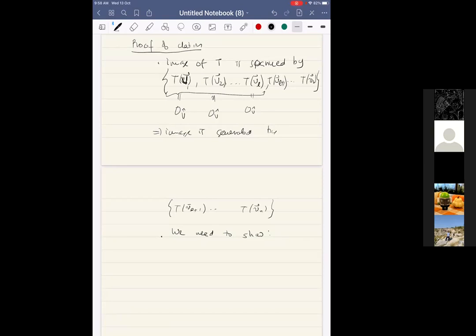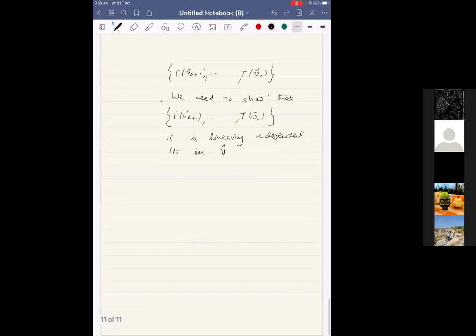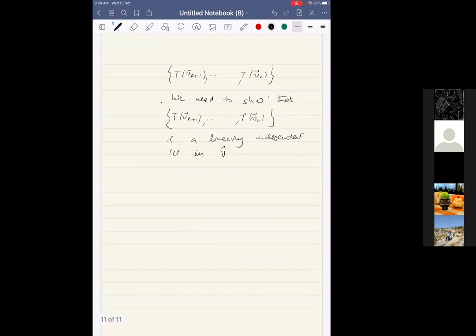Okay, we have to show that T VL plus 1 through T VN is a linearly independent set in V hat.